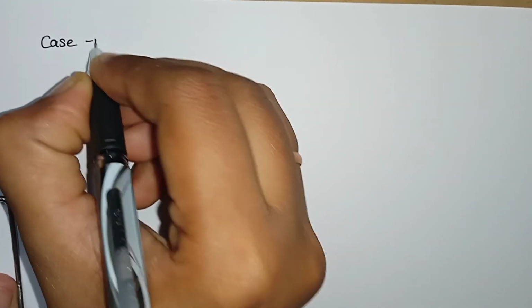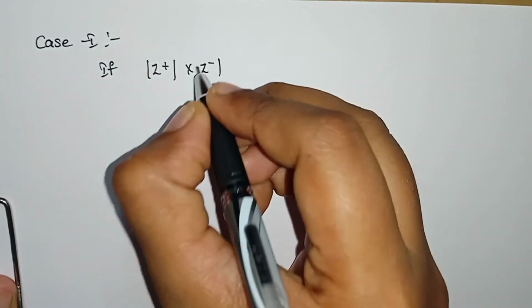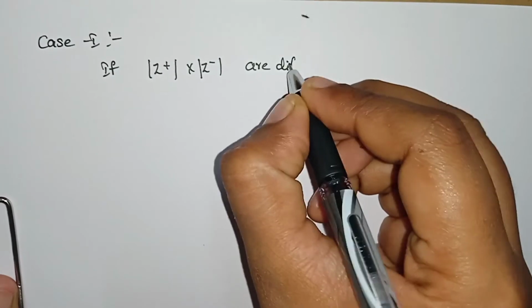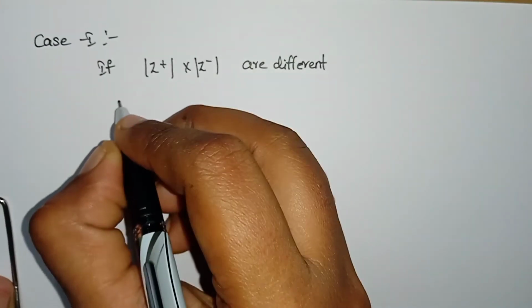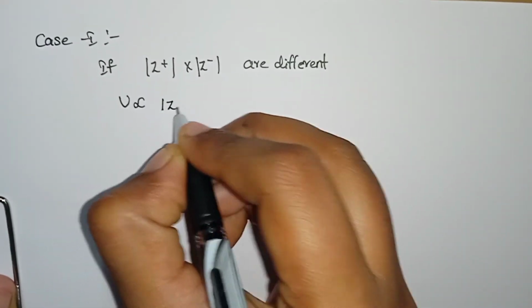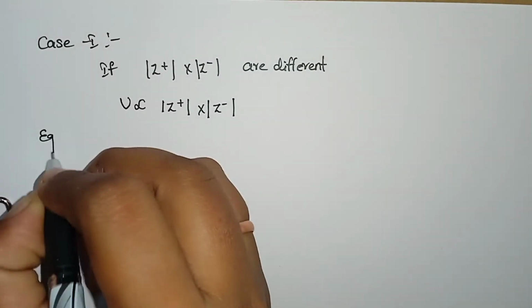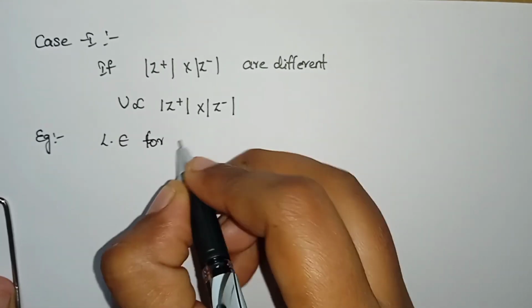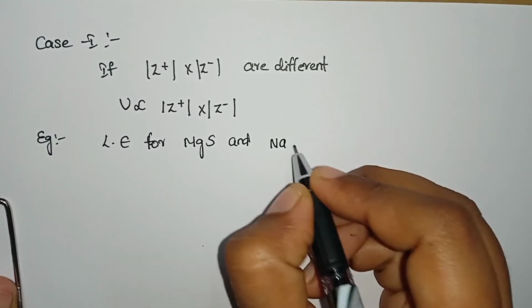It has three cases. Case 1: if Z plus into Z minus are different for the given ionic compounds, then the equation is U proportional to Z plus into Z minus. For example, the order of lattice energy for MgS and Na2O.